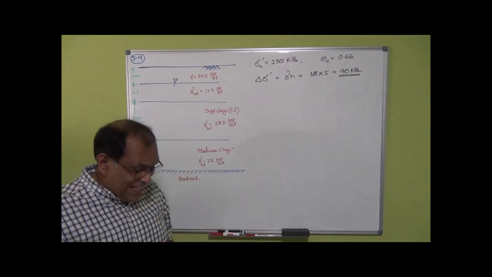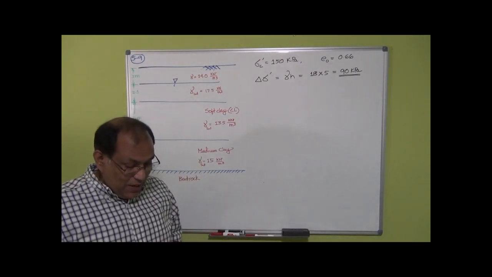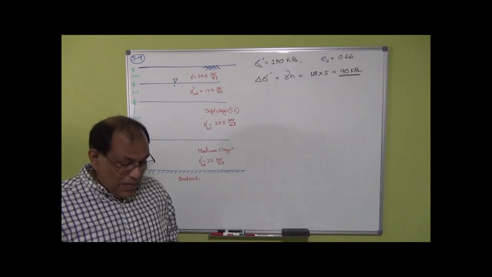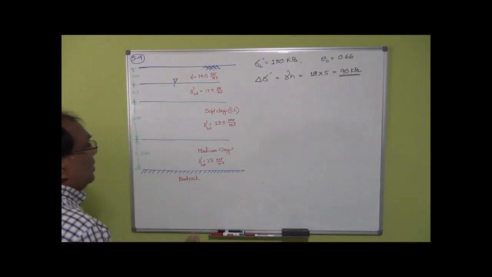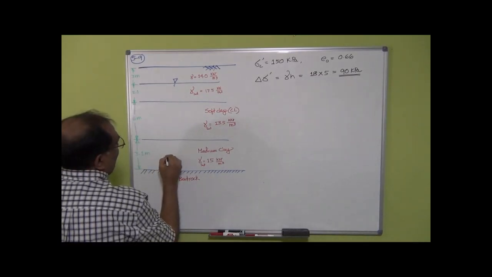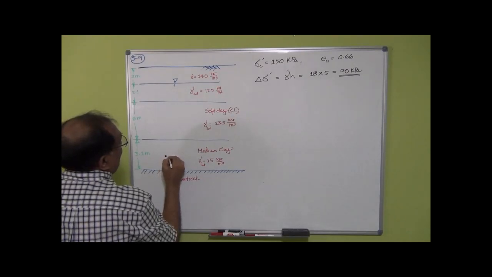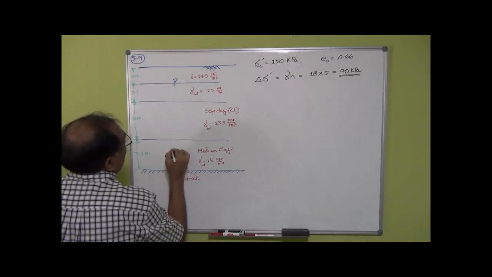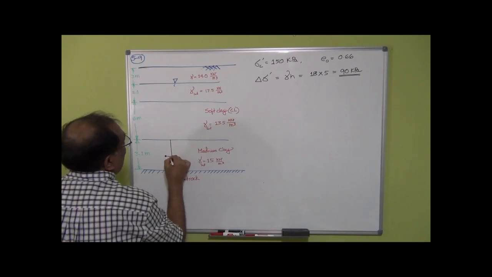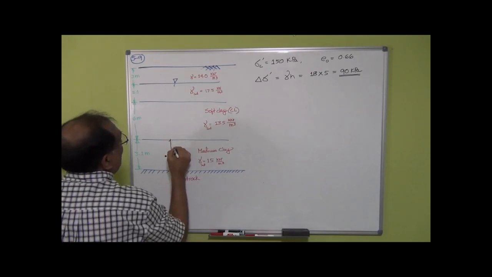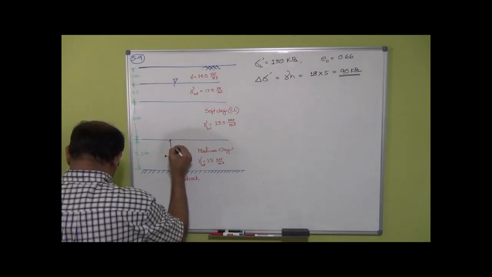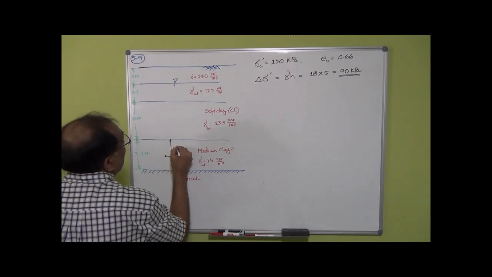Now number 6 is asking the current effective overburden pressure at the middle of the clay layer. So let's say we are talking about the middle of the clay layer here. The distance from here to here is 1.55 meter.